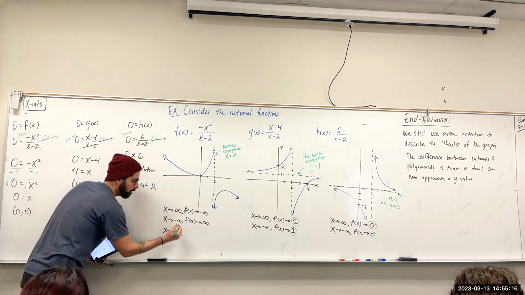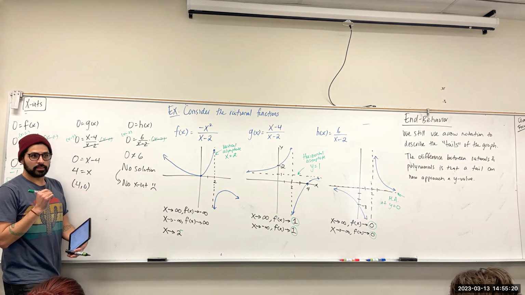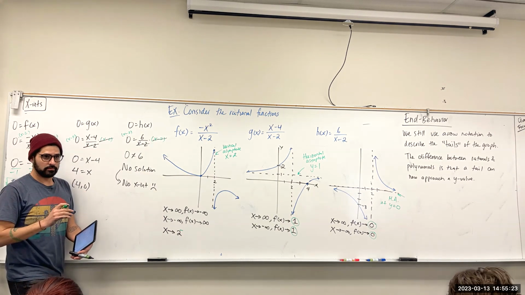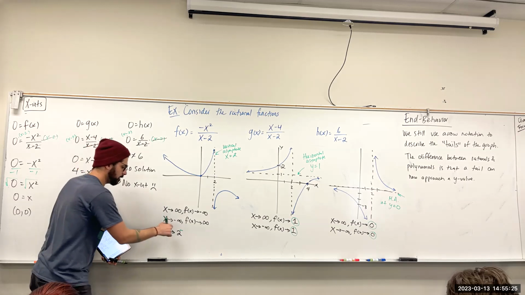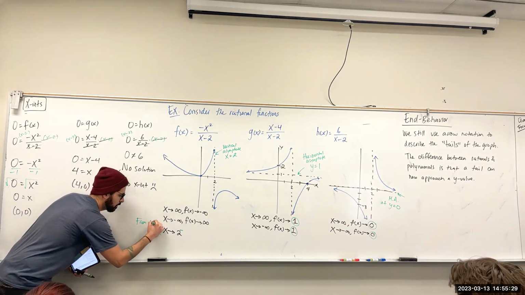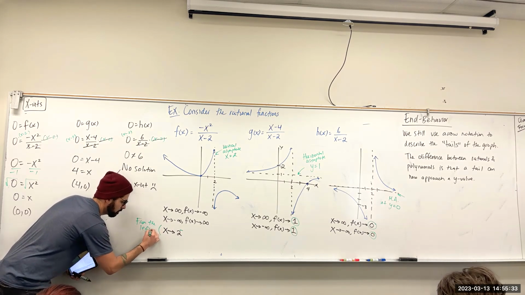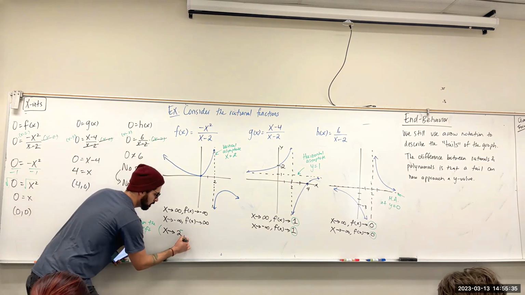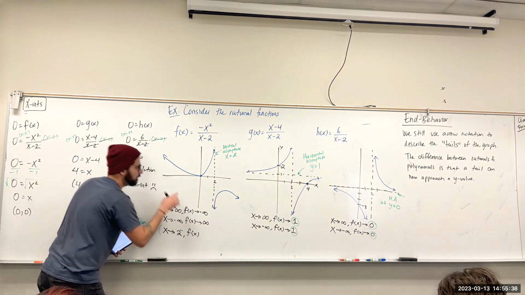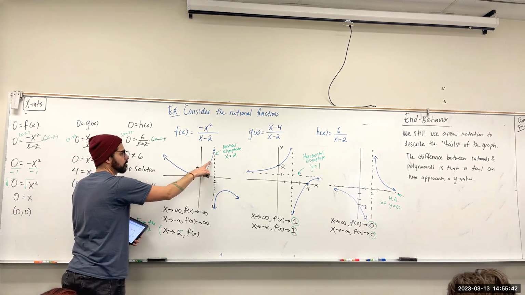When you want to say from the left, you put a little minus exponent, and that means from the left. As I approach 2 from the left, what are the y values going to approach?